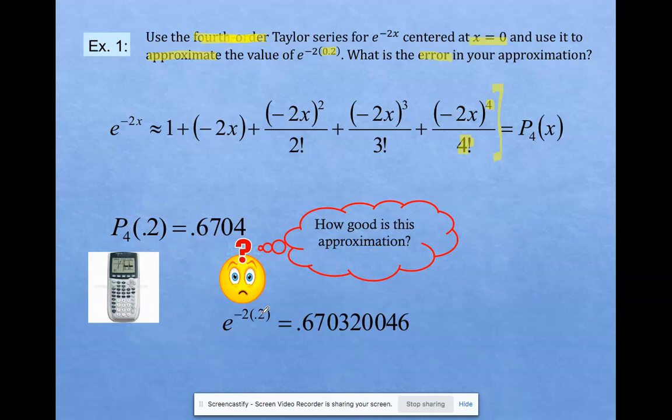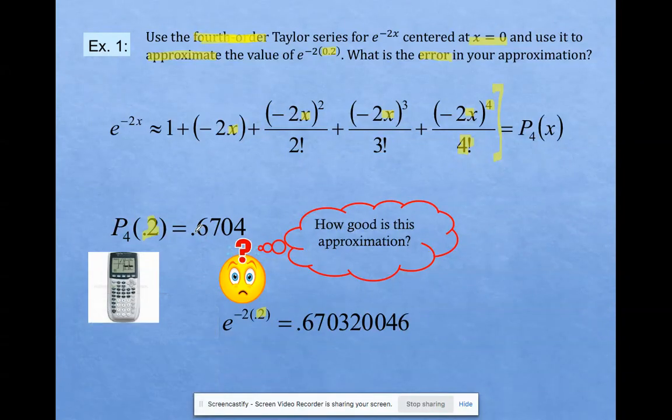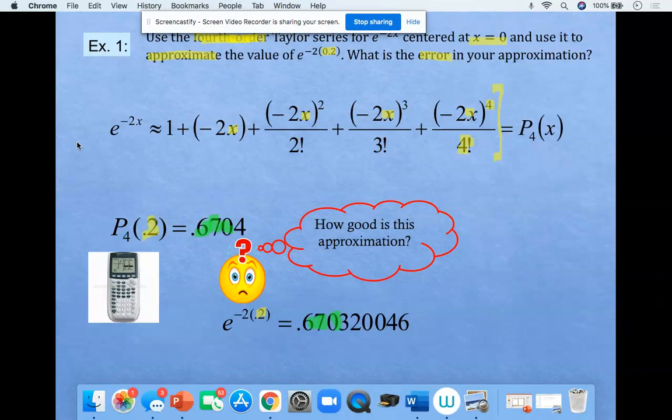So in my calculator, instead of putting 0.2 into my polynomial for x, I just typed e to the negative 2 times 0.2, and look what I got. This approximation was good to 3 places past the decimal. Pretty close.